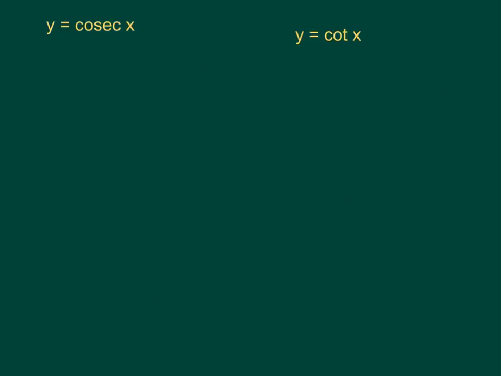Okay, so two left. So we're going to do cosec x in a similar way. So if we write that as sin x to the minus 1 and use the chain rule, so we'd have dy by dx is going to be minus sin x to the minus 2 multiplied by the differential of sin x, which is cos x.